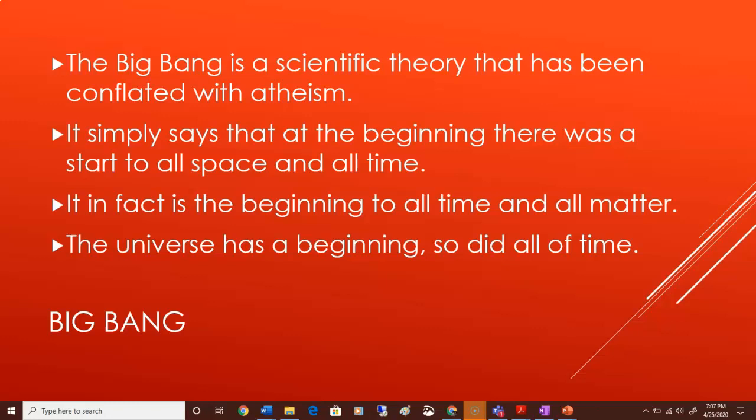But the Big Bang really simply says at the beginning there was a start to all space and time. In fact, the beginning of all time and all matter. The universe has a beginning, and so did all of time. And that is essentially what the Big Bang says, and then tries to explain what happened oh so long ago.